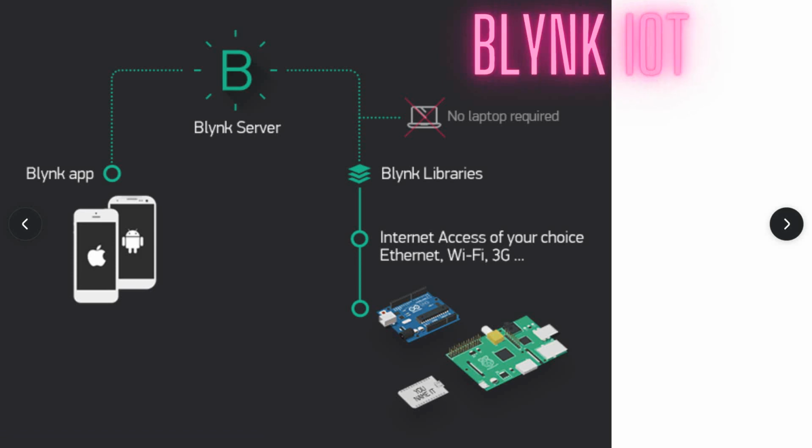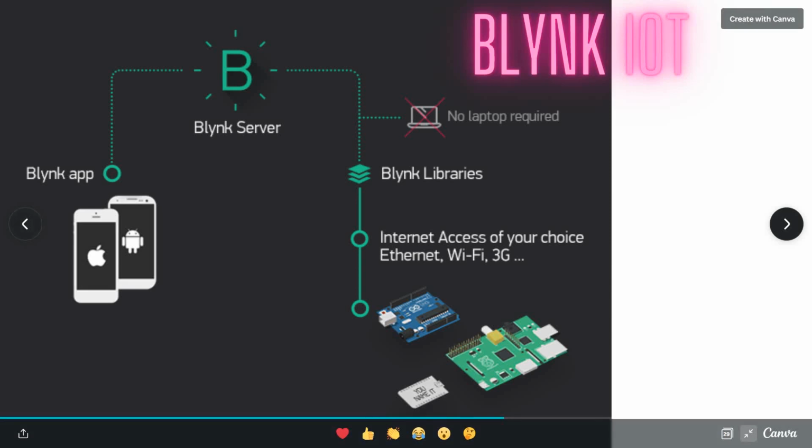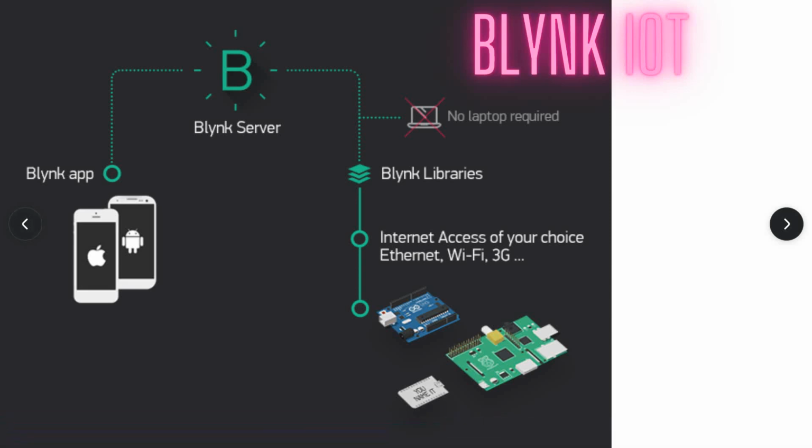Then we are using the BLYNK IoT software, which is a cloud server used to connect our peripherals by using any Android or iOS phone. So by using just the Picsimlab application, the BLYNK app, and some BLYNK libraries, we can wirelessly connect our board through the mobile phone.